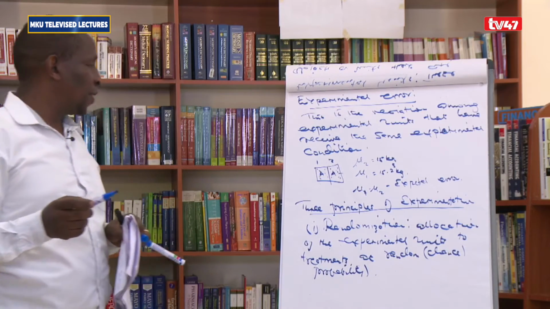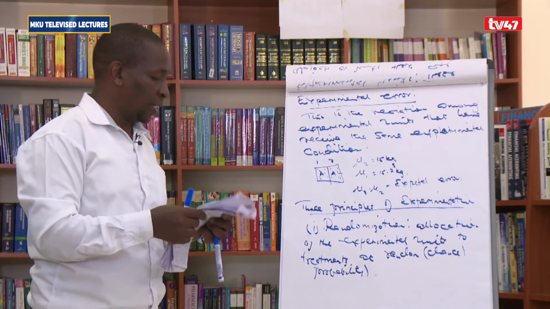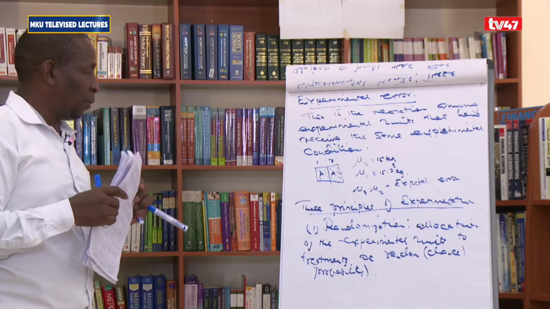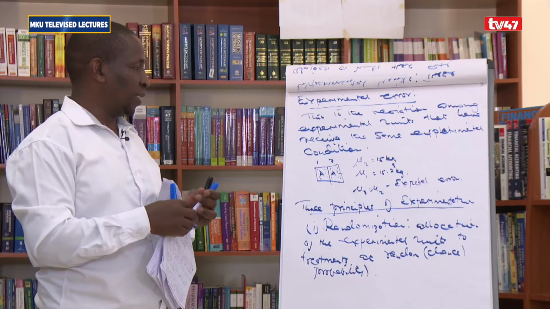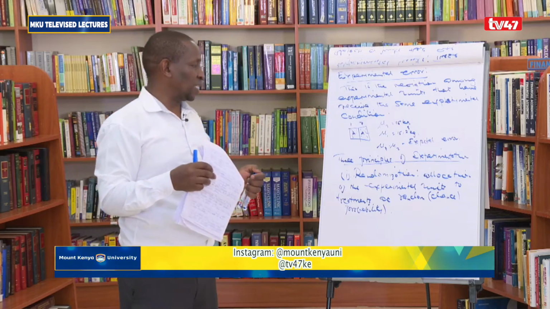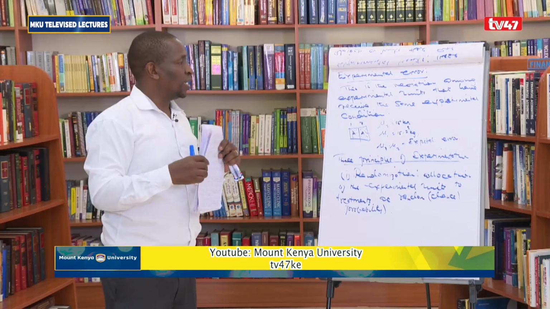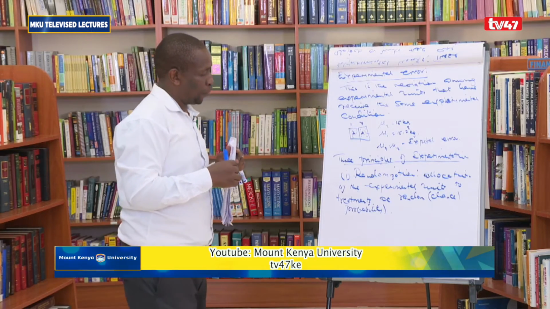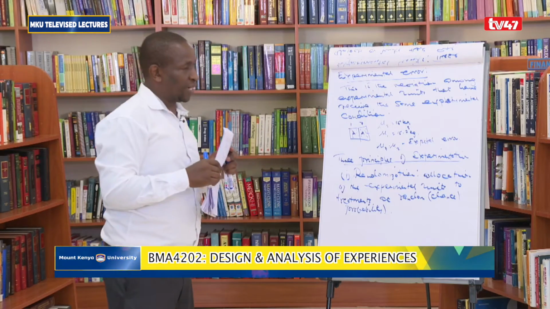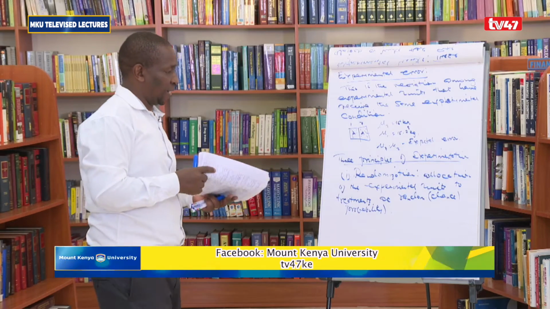So if we want the outcome of an experiment to be really dependable upon the results of that response variable that we are trying to measure, then randomization is a good practice in designing experiments because it removes the possibility of introducing what we refer to as systematic error.